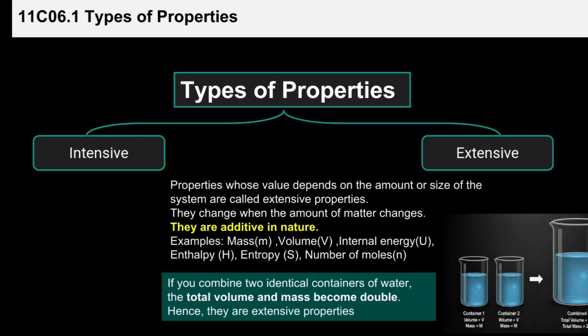They are additive in nature. For example, if you combine two identical containers of water, the total volume and mass of water become double. Hence, they are extensive properties. The other examples of extensive properties are mass, volume, internal energy, enthalpy, entropy, number of moles, etc.